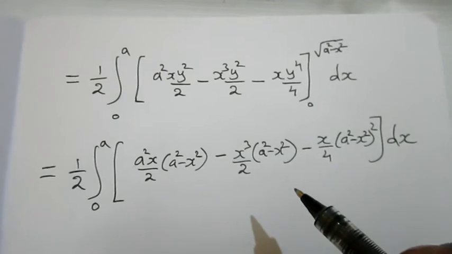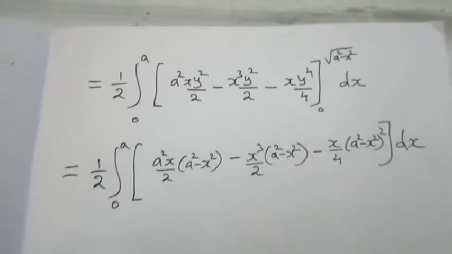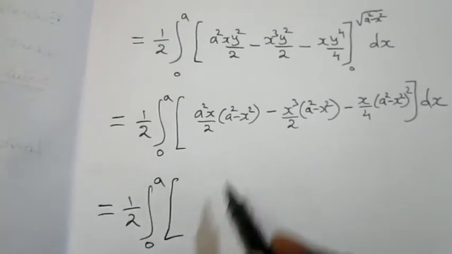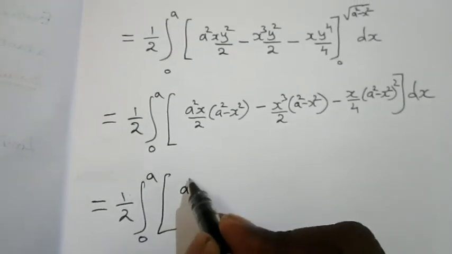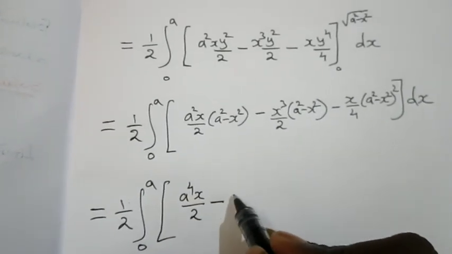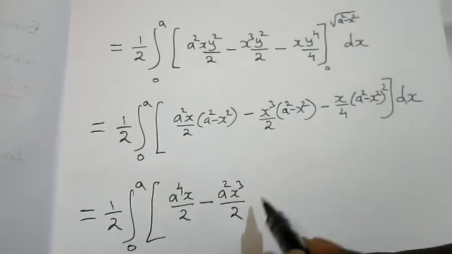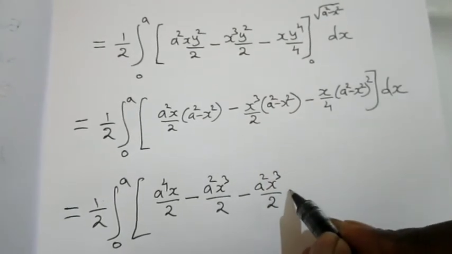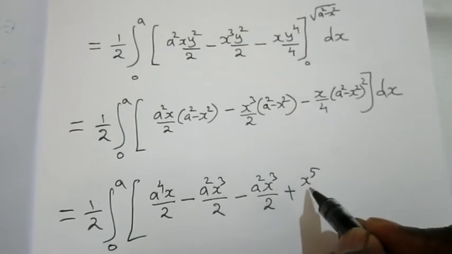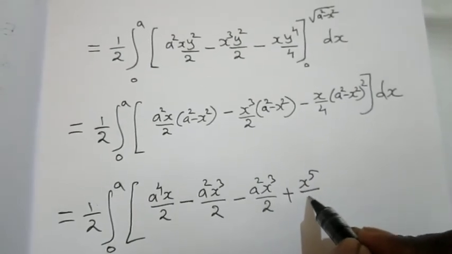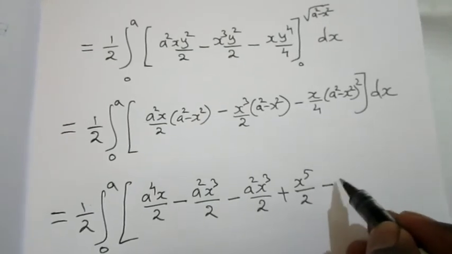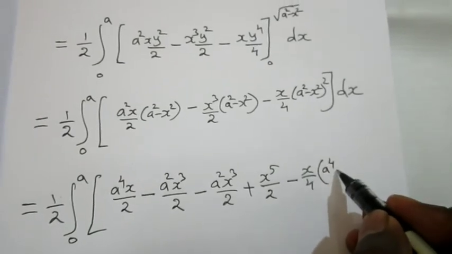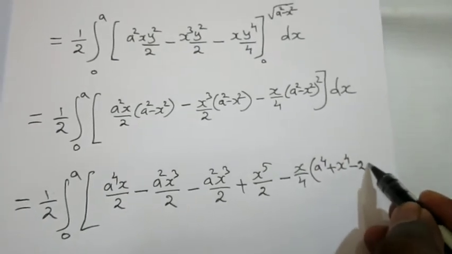Next I want to integrate with respect to x, but before that I am going to simplify. 1/2 integral 0 to a of: a⁴x/2 minus a²x³/2, minus a²x³/2 plus x⁵/2, and then minus x/4 times (a² minus x²)², where (a minus b) squared is a² plus b² minus 2ab.